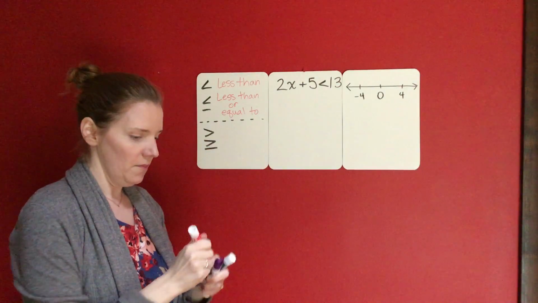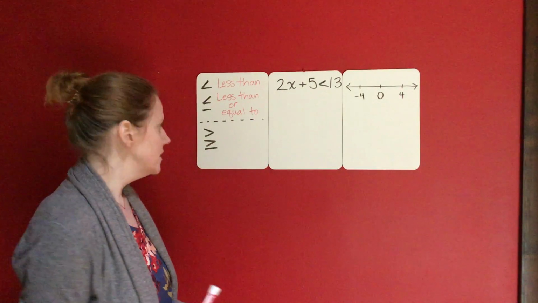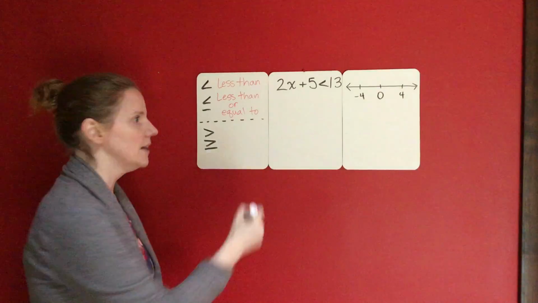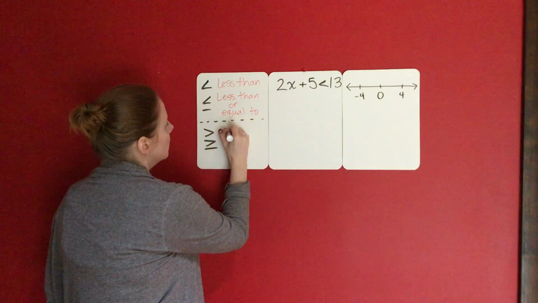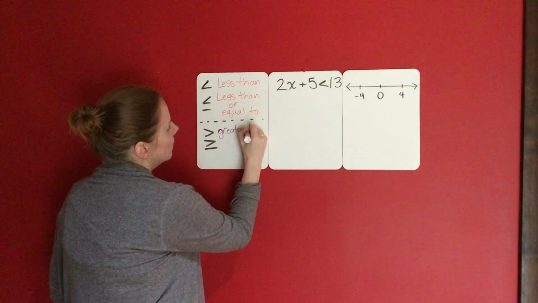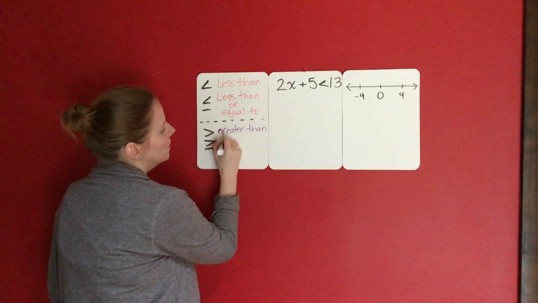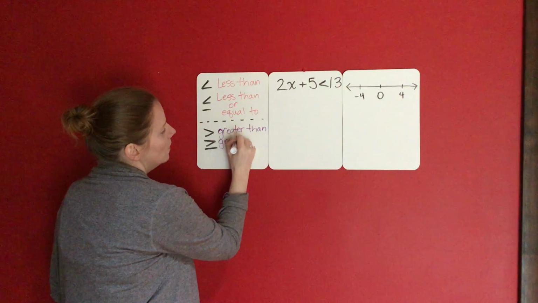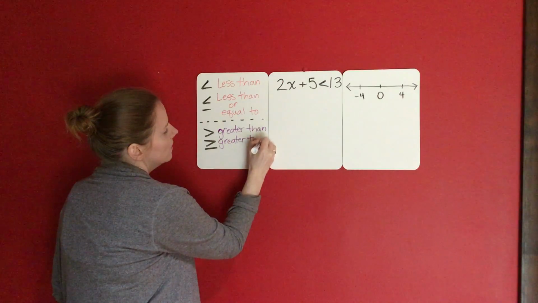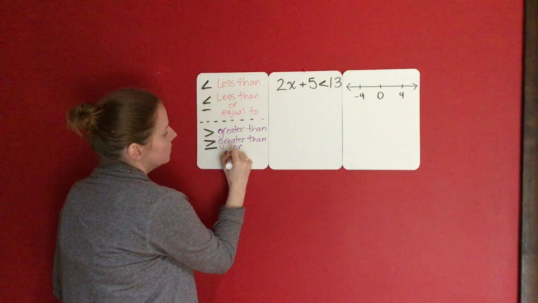On the bottom, we also have two signs. The top one is greater than, and the bottom one is greater than or equal to.